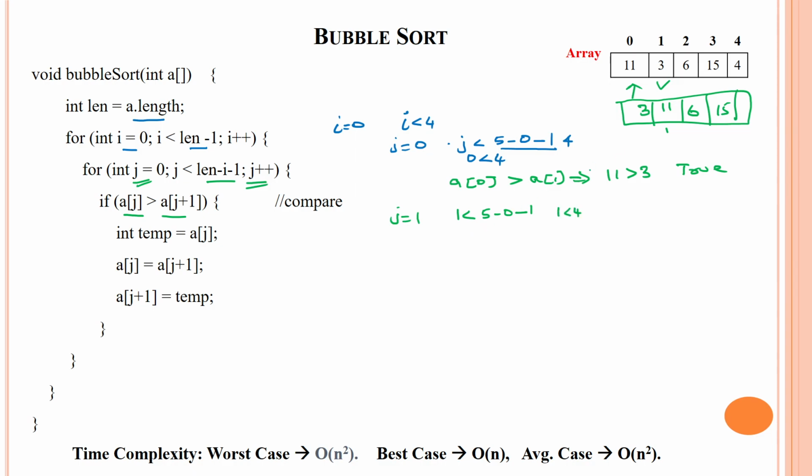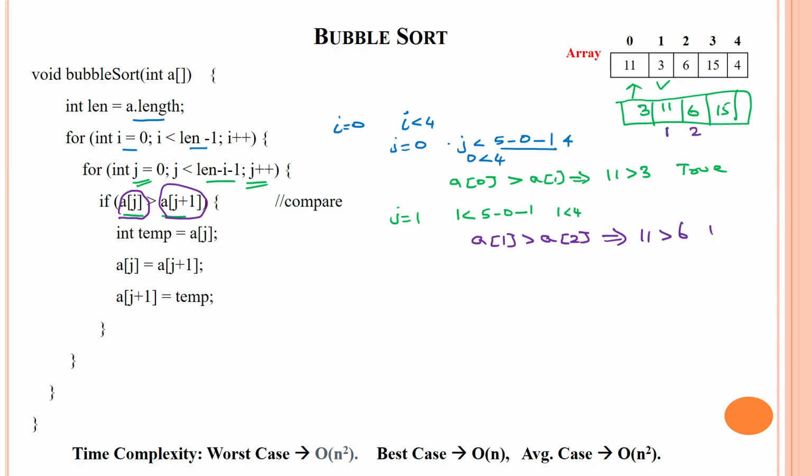So now again we are checking the first element with the next element. That means a of j with a of j plus 1. That means a of j is 1, greater than a of j plus 1, which is 2. So now as per this, a of 1 is 11, greater than a of 2, which is 6.